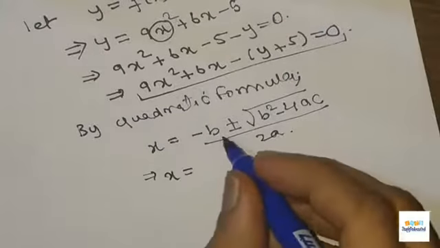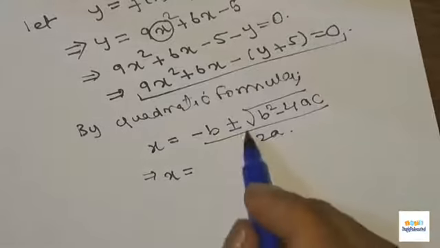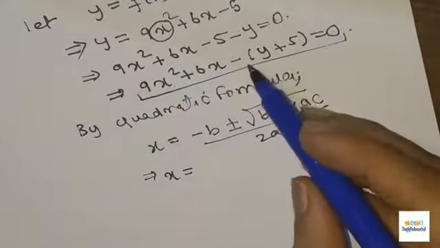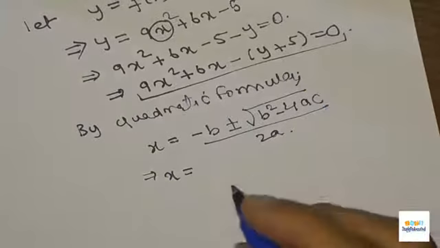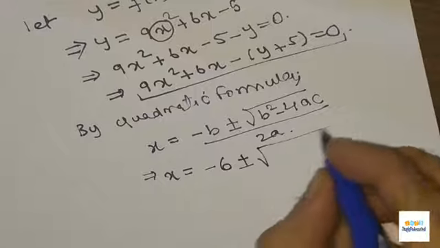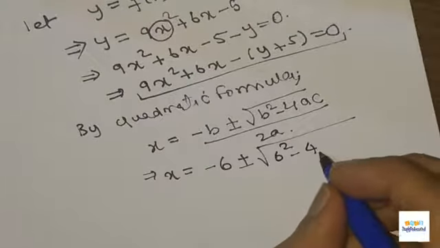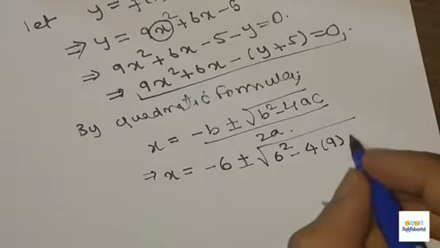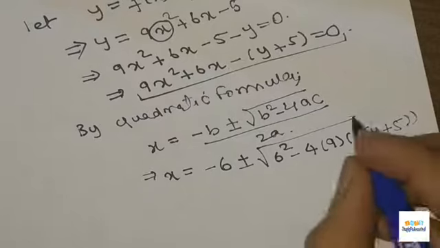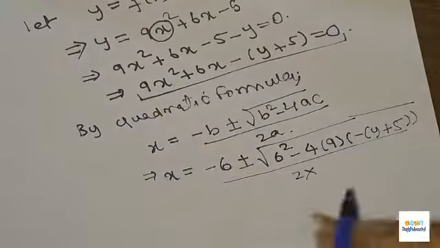Now if we substitute all the values a, b, c, you can see that a is 9, b is 6 and c is minus (y plus 5). So that is minus 6 plus or minus root of 6 square minus 4 times 9 multiplied by minus (y plus 5), divided by 2 times 9.